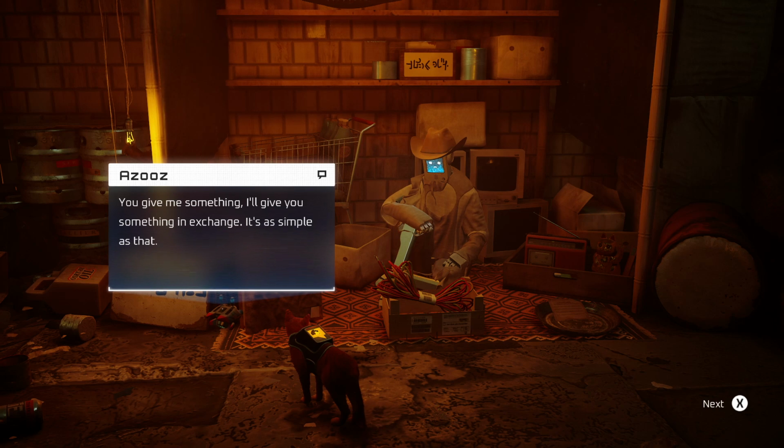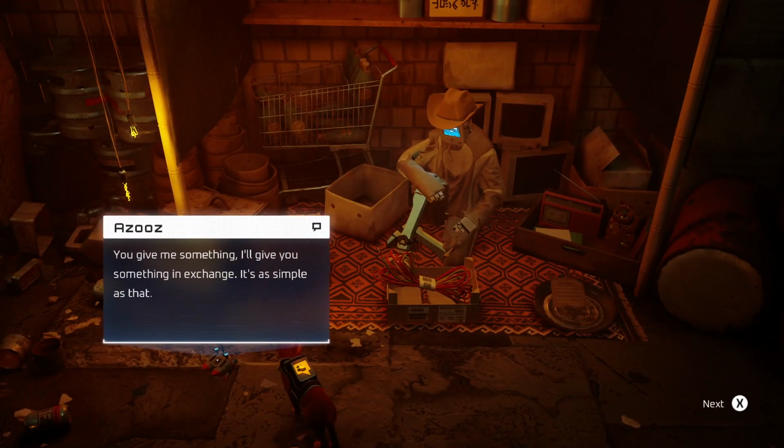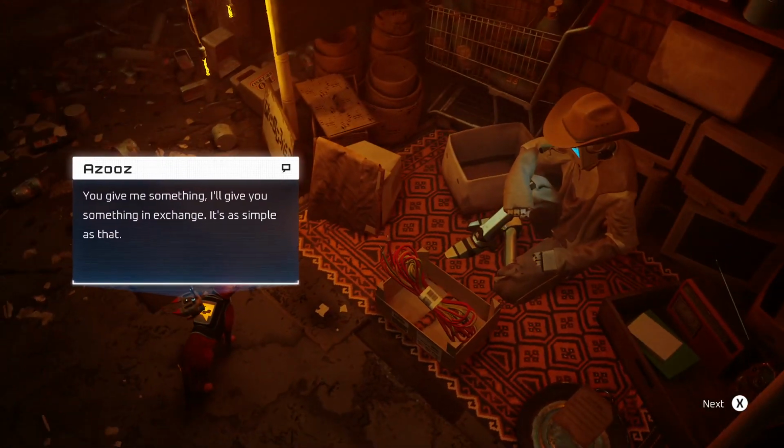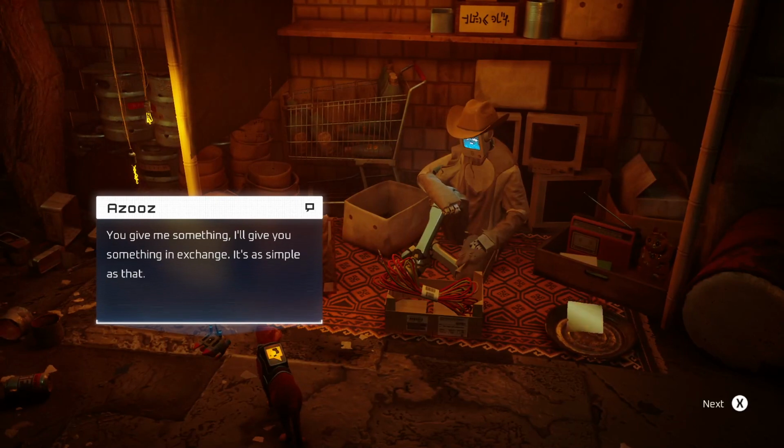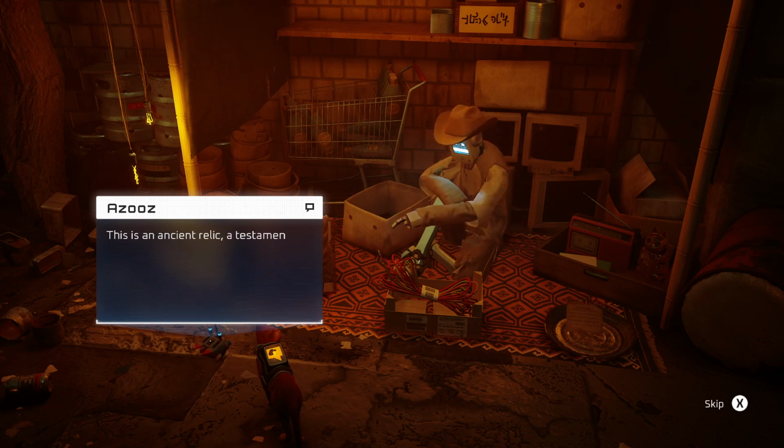Might help navigate, which I'll probably end up making notes and writing down their locations just so I can find my way around a little bit better. Yeah, so there's no money here, just a barter system.